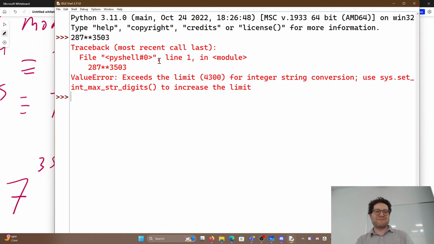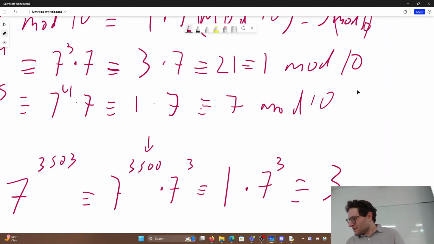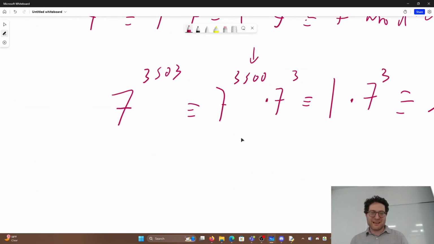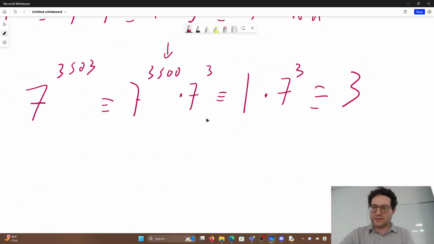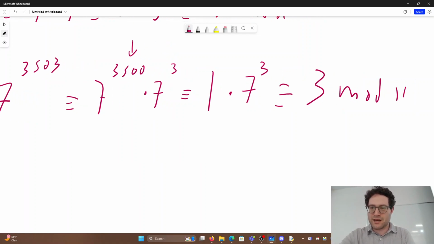It exceeds the max number of digits. So there is a max. Cool. 4,300 digits apparently. So yeah, can't really check that, but I can pretty much guarantee that it is 3. Oh yes, forgot to add the important bit, mod 10. Again, I'm not a mathematician. I just cosplay as one.